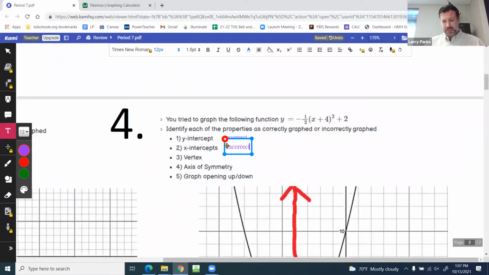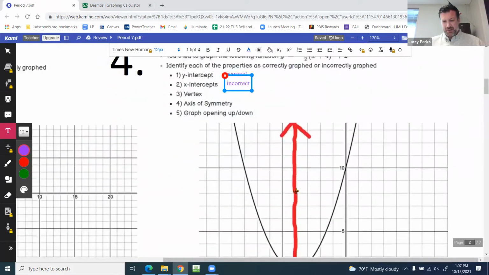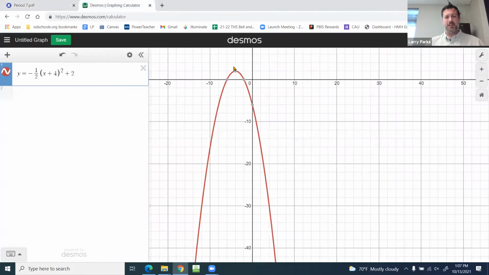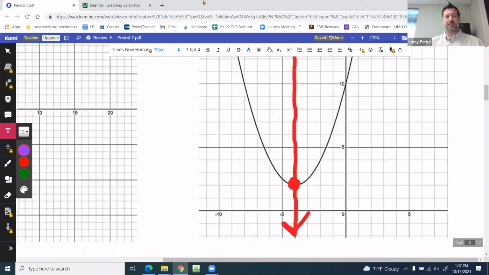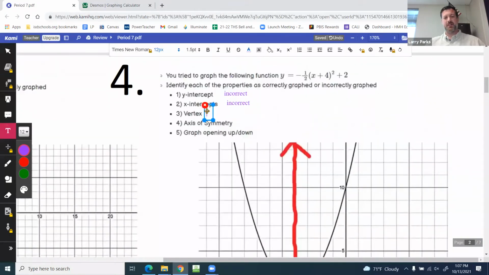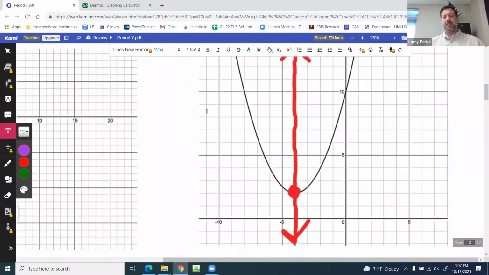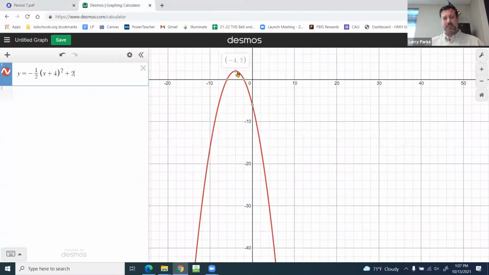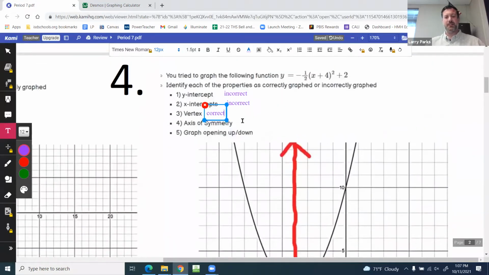They think the vertex is negative 4, 2. That's correct, negative 4, 2. Looks like they think the axis of symmetry is at x equals negative 4. Let's go look. It would be at x equals negative 4, so that is correct.